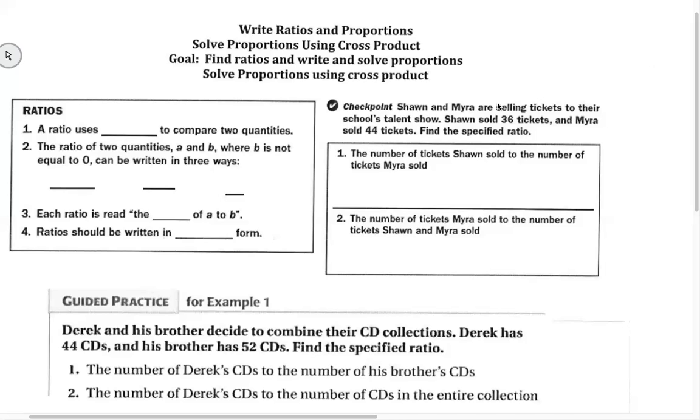It's in this room. 4 girls, 5 guys. Yeah, 5 to 4 would be 5 guys, 4 girls. Make sense? That's a ratio.